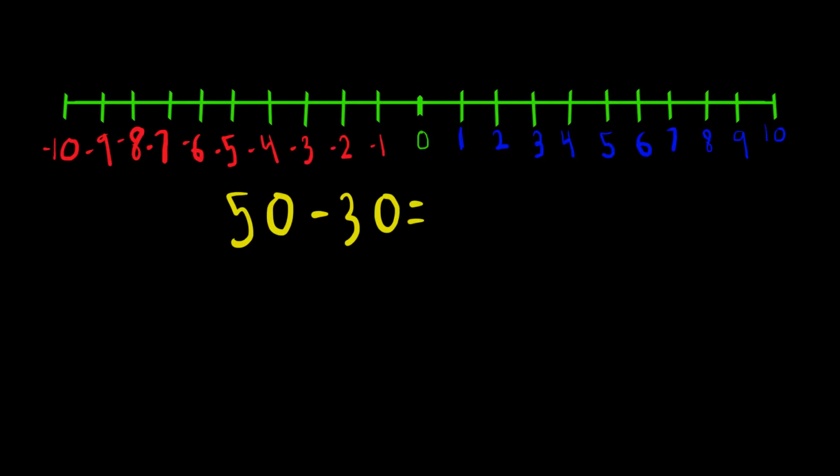Well, 50 minus 30 is 20. But if I wanted to spend all my $50, then I have none. So 50 minus 50, I have nothing in the bank.